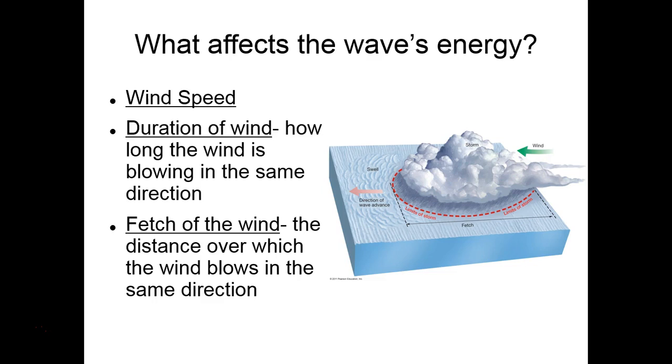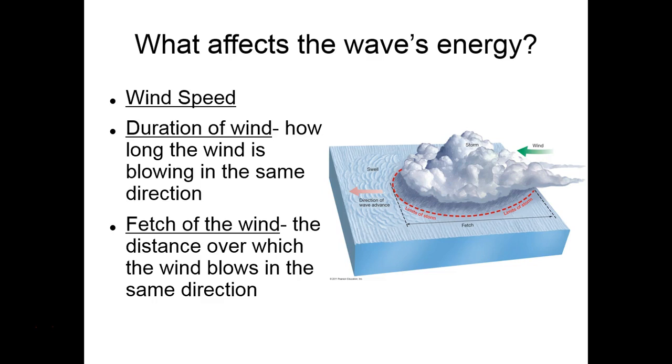Now, these two, wind speed and duration, depend on the wind blowing in the same direction for a period of time. Okay, if the wind changes direction, then that is going to go against the waves that have developed already, so that's going to decrease the waves.